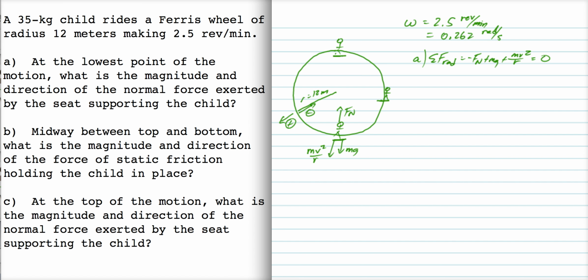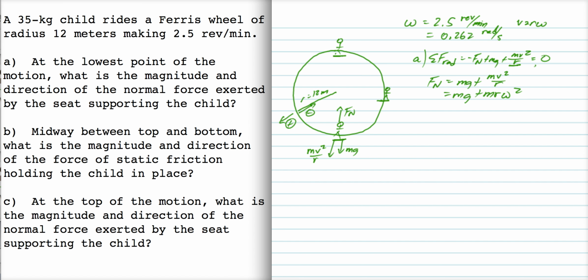Now we've talked about this, that you could take this mv squared over r and move it over to the other side and call it a centripetal acceleration if you want, but I do it with centrifugal force. So if I isolate the normal force, I get that the normal force is equal to mg plus mv squared over r. And of course, mv squared over r can also be written as m r omega squared, because v equals r omega.